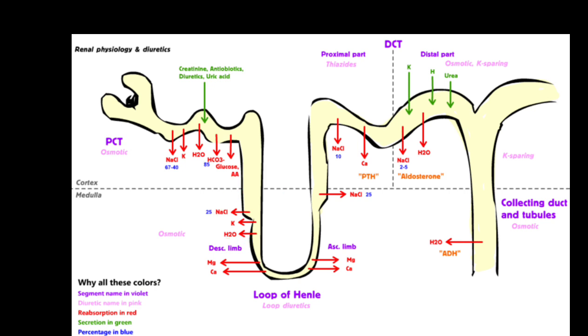In the descending thin limb of the loop of Henle, magnesium and calcium are also reabsorbed. So here the filtrate is maximally hyperosmotic.